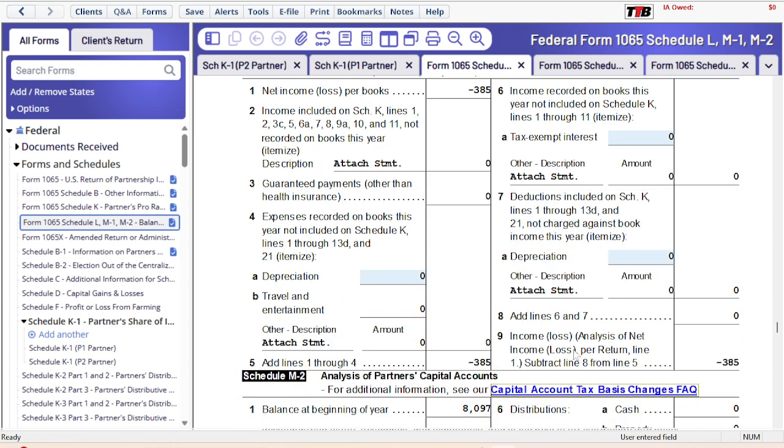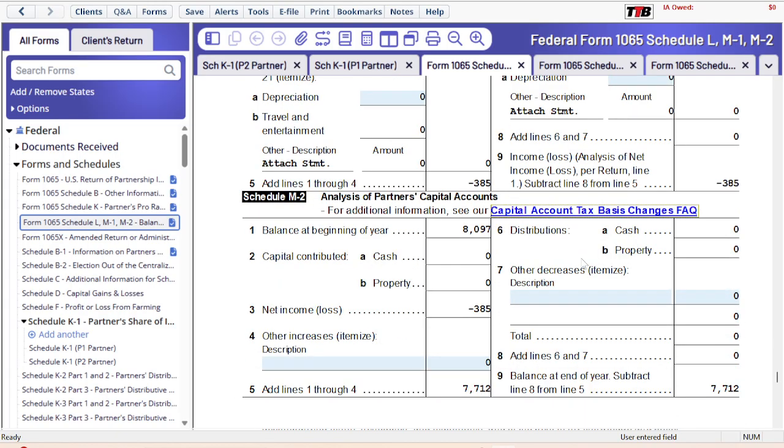If there is any distribution, it will go on line 6, and that will decrease the amount here, and you will do the difference between line 8 and line 5, and that will go here. But since we don't have any distribution, our line 9 and line 5 will be the same here. That is schedule M2. That is how it is completed.